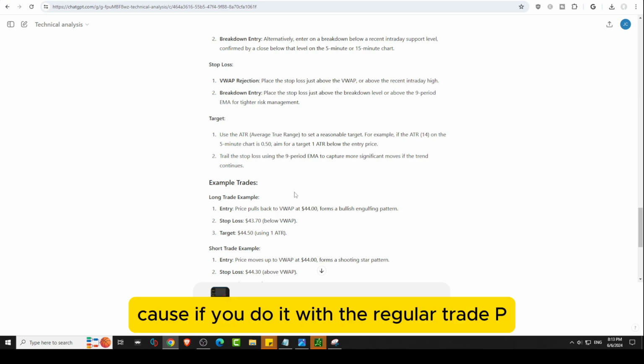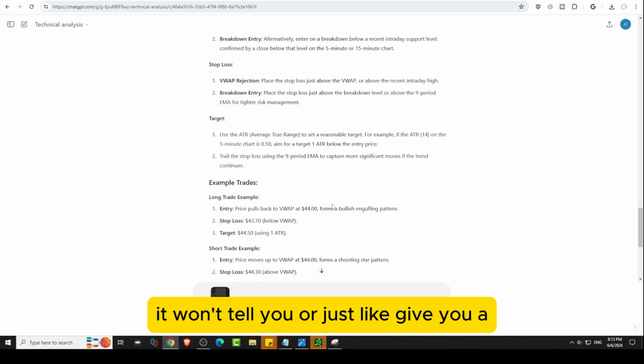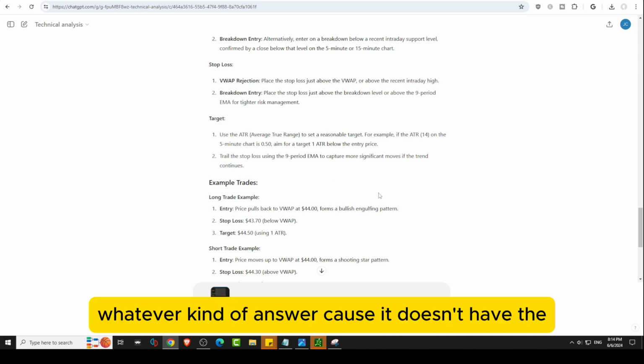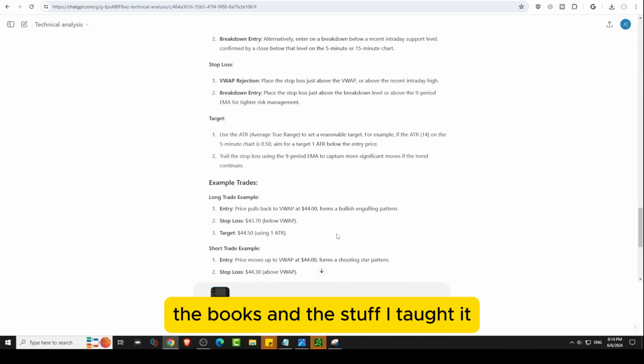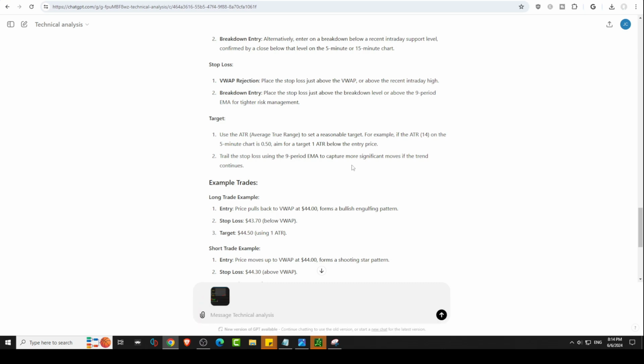Because if you do it with the regular ChatGPT, it won't tell you. It'll just give you whatever kind of answer because it doesn't have the books and the stuff I taught it. What to look for in trades.